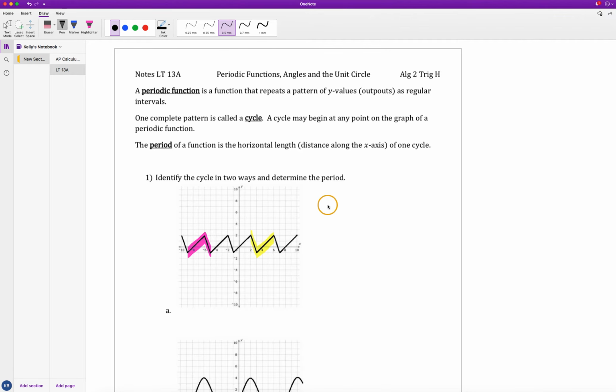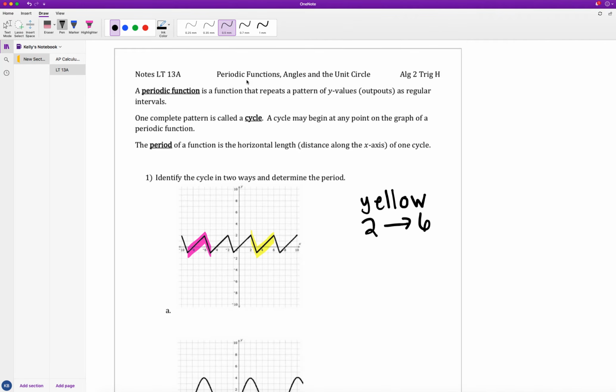The period of this is the horizontal length along the x-axis. So it is, what is the change in the x values? If I look at the yellow cycle that I have right here, it started at 2. So if I'm writing this down, I have the yellow cycle starting at 2, and it's going from 2 all the way to 6.